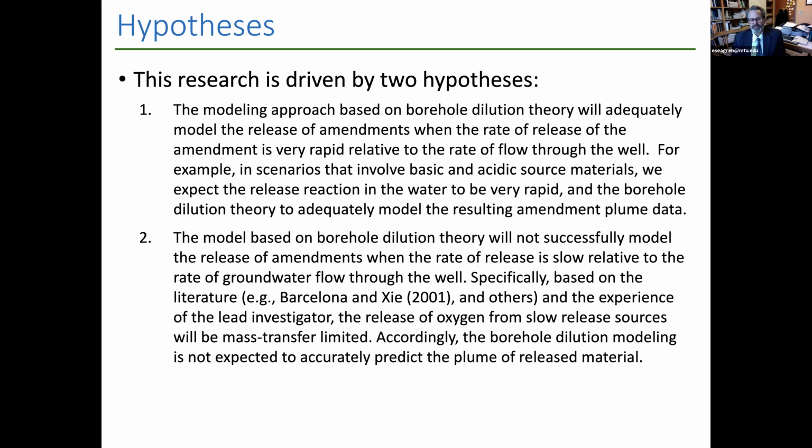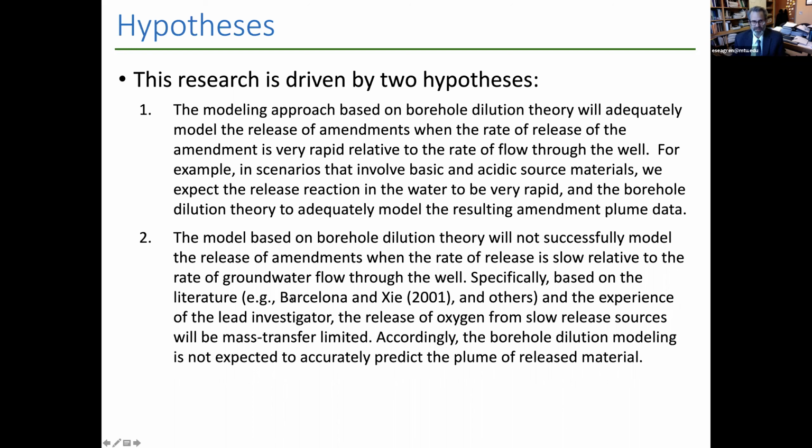On the other hand, we hypothesized that this approach would not successfully model the release of amendments when the rate of release is slow. So in this case, the rate of release is chemically limited and slow compared to the rate of groundwater flow through the well. Then it might not be a very good predictor. An example would be the oxygen release compounds that I mentioned.